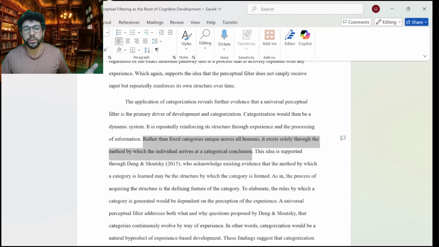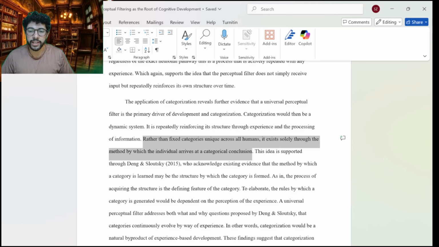That's a pretty good example, honestly, right? So it's only the method by which the individual arrives at a categorical conclusion. So whatever hypothesis generation system that the individual has that was created by their experiences in the first place is going to be how they conclude any information, how they interpret and arrive at a conclusion, no matter what it is.